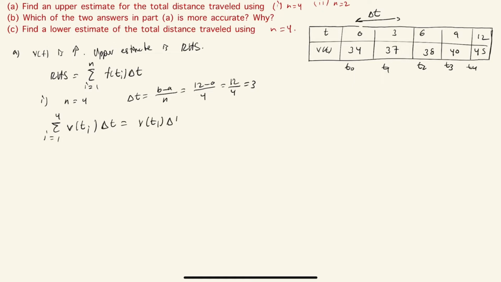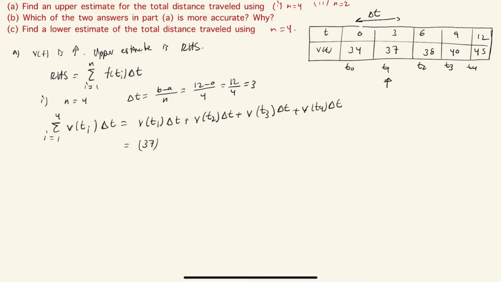If we expand that term, it's going to be v(t1) delta t plus v(t2) delta t plus v(t3) multiplied by delta t plus the last term, v(t4) multiplied by delta t. So we are going from t1 to t4, starting from t1.